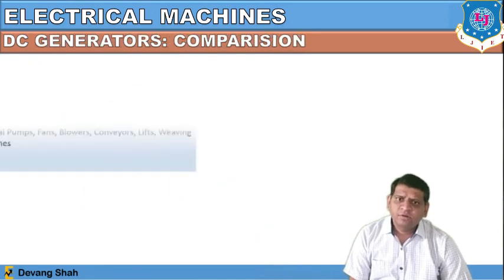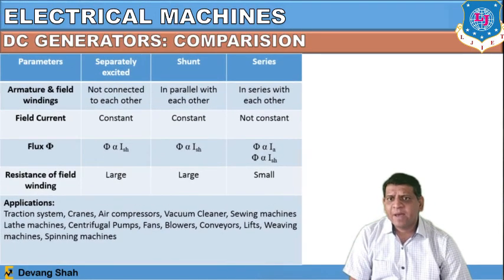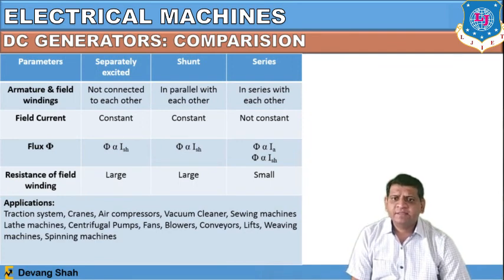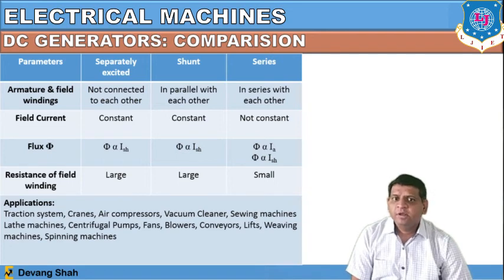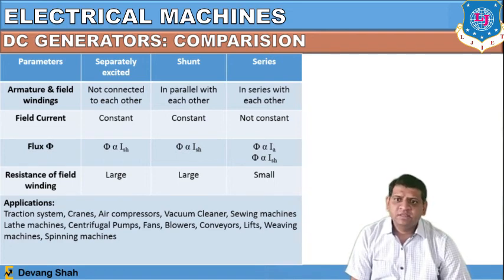From this, now let us discuss the comparison of the separately excited DC generator, shunt DC generator, and series DC generator. Armature and field windings are not connected with each other in a separately excited generator, but in a shunt it is in parallel, and in series it is in series. The field current is constant in a separately excited generator as well as in a shunt DC generator, but not constant in a series.